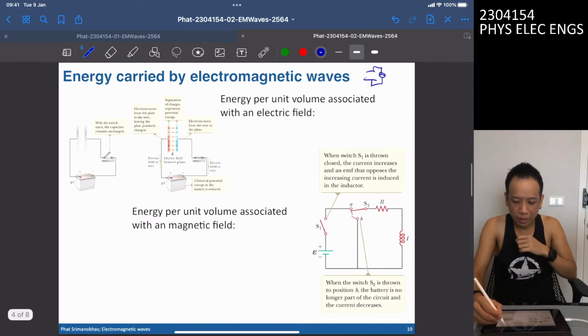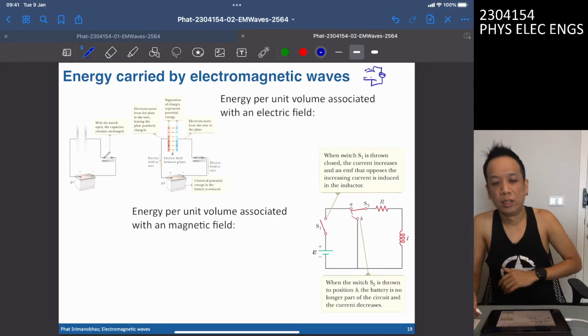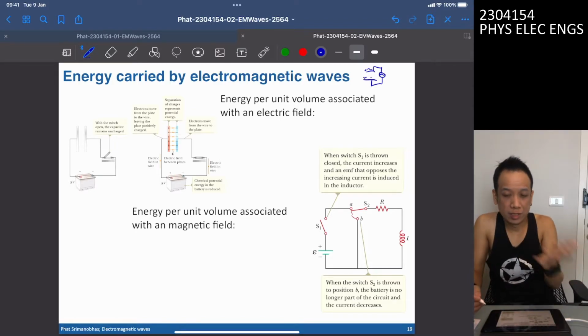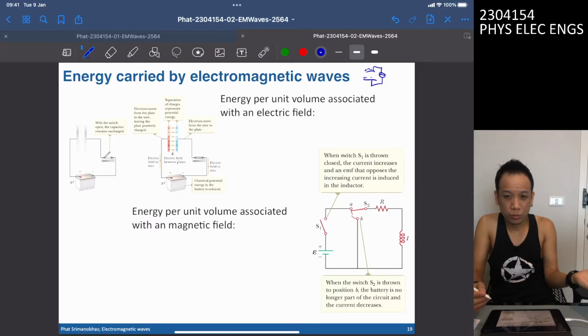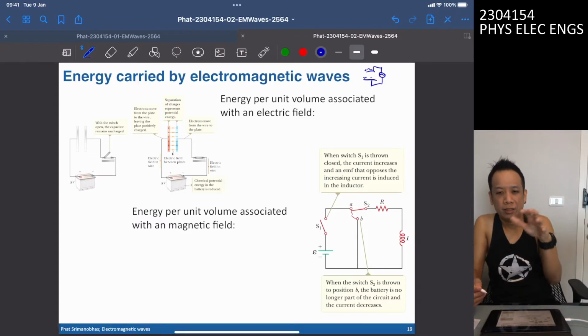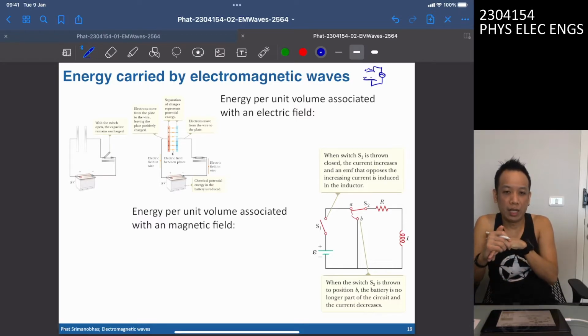The polarity of the poles can switch, and when it switches, the flux is changing. So when the E flux is changing, it creates the B field. And together, the E field and B field form the electromagnetic wave. That is the simple way we describe the electromagnetic wave.